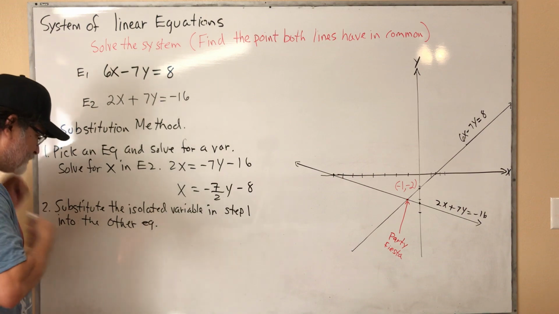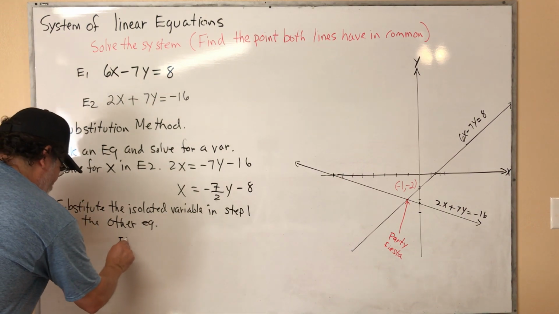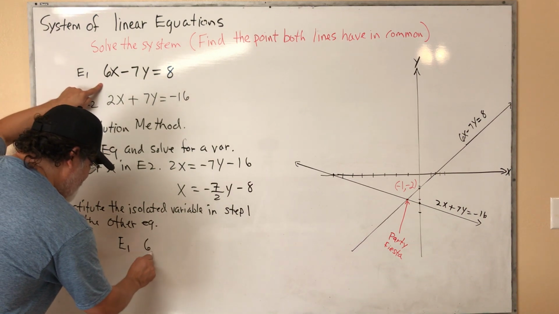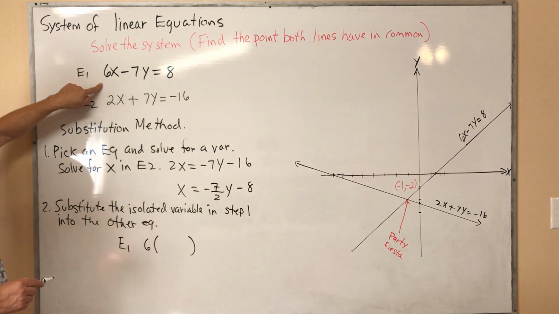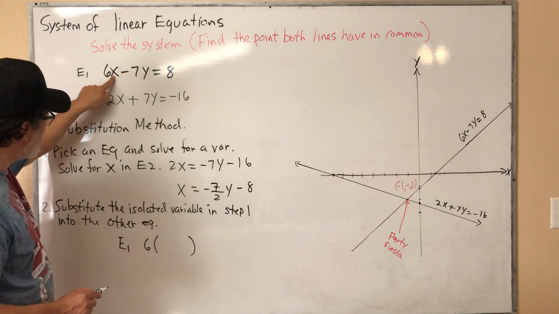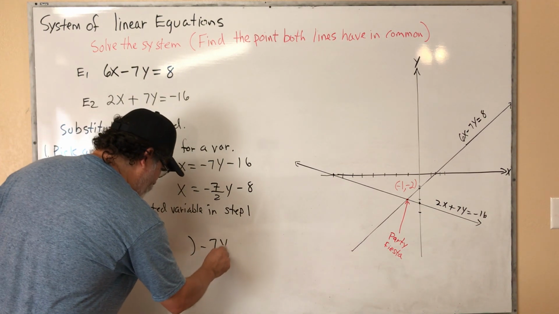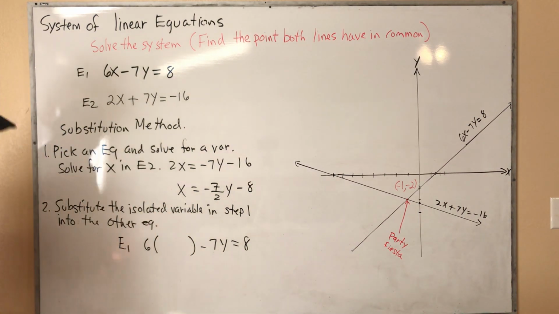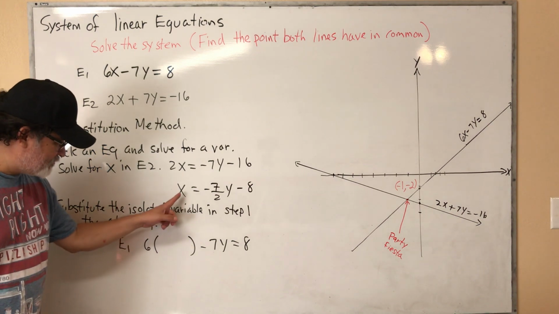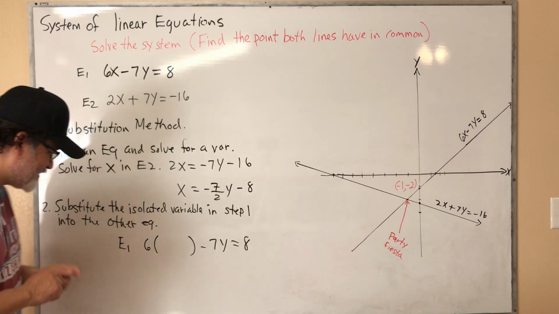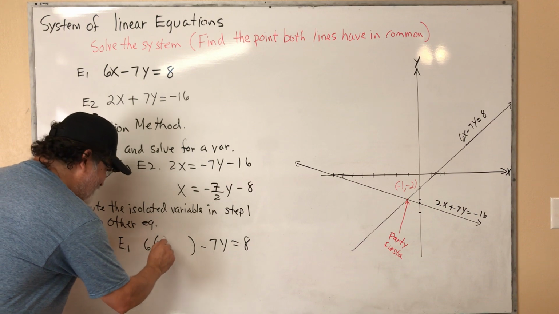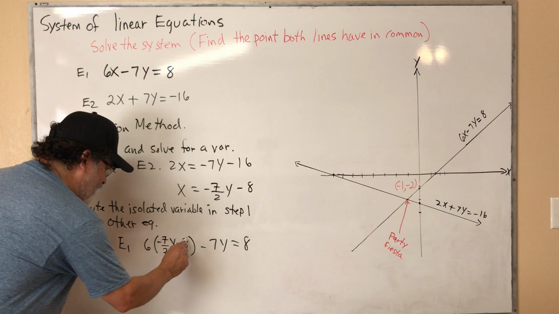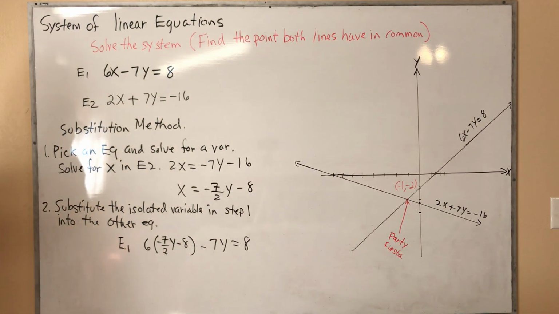So equation 1 says 6 times x. That's going to be my x right there. Minus 7y equals 8. And what is x? X is this. Minus 7 over 2 y minus 8.